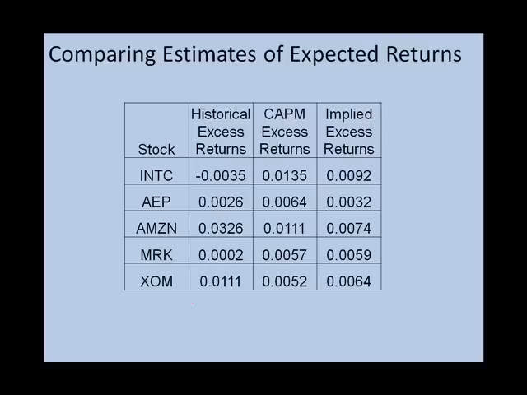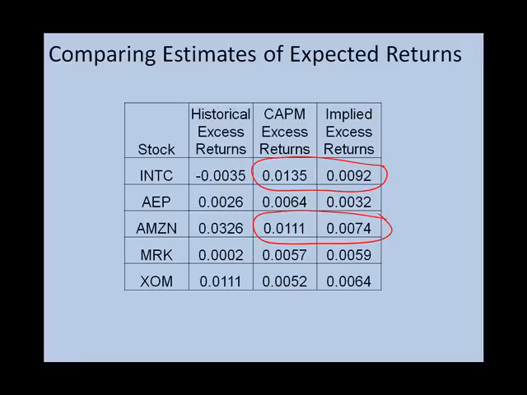How do these implied equilibrium excess returns compare to the historical estimates or the CAPM estimates? Looking at this table, we can see that the CAPM estimates and the implied excess returns seem to be broadly similar. If we look at which stocks have the highest CAPM excess returns and the highest implied equilibrium excess returns, we have Intel and Amazon.